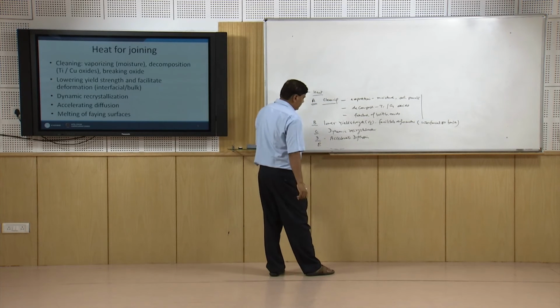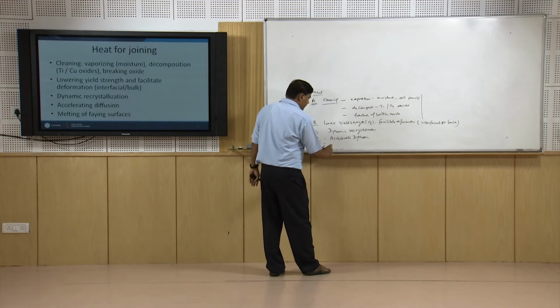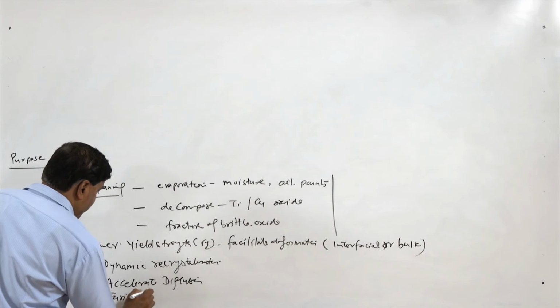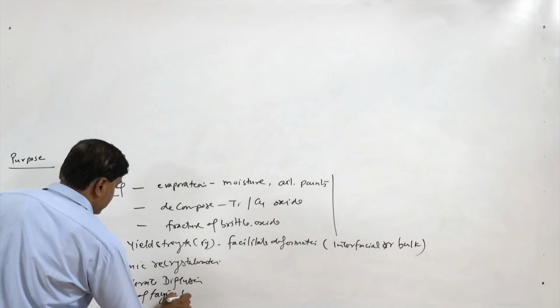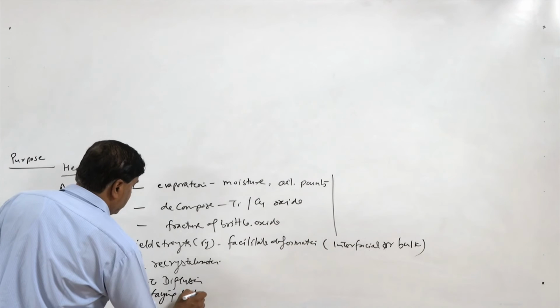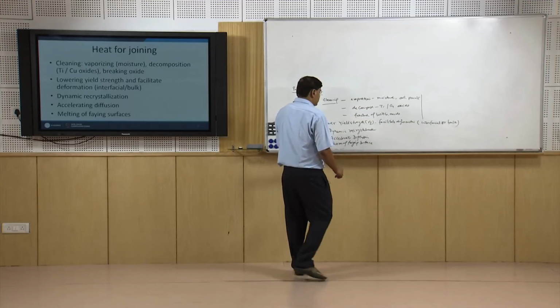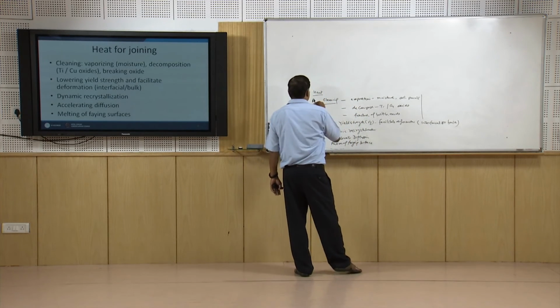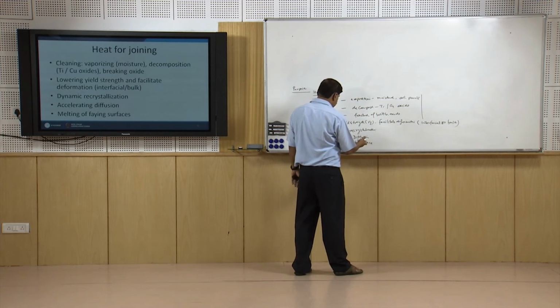And the next purpose of applying the heat is achieving the fusion of the faying surfaces, so that the metallic continuity can be achieved. So, these are the five purposes of applying heat.